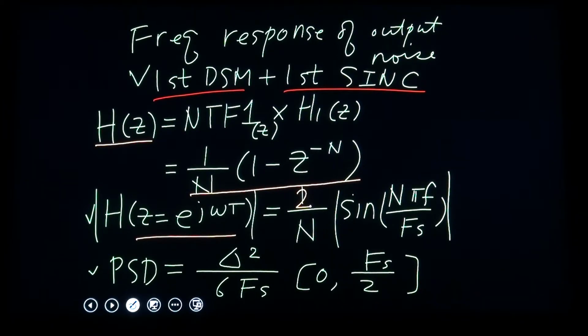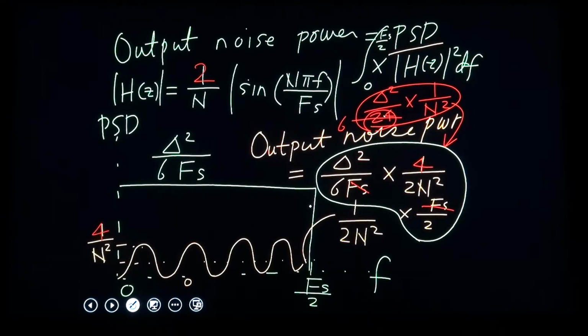In that case, the power spectral density is delta square over 6 fs, because the quantization noise is white noise. Then we can calculate it, n square over 4. This is the transfer function of the entire system, and this is the power spectral density of the quantization noise.